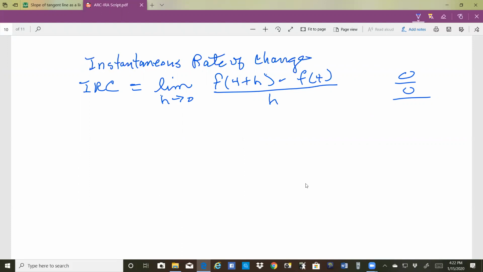However, we will be able to calculate this limit by plugging in and simplifying it. We need to calculate f of 4 plus h. Well, the f of x, remember, is 1/4 x squared minus x plus 1.